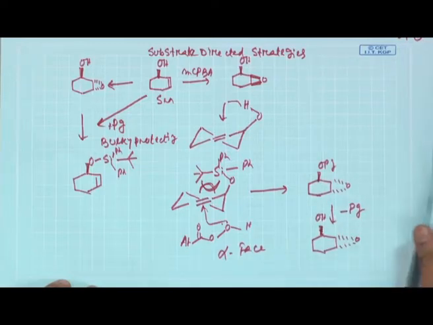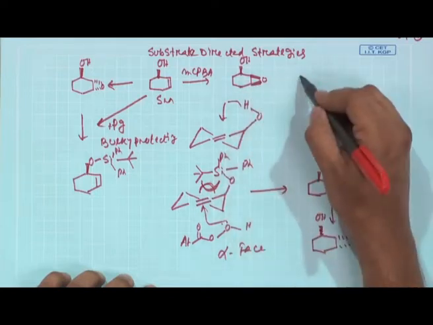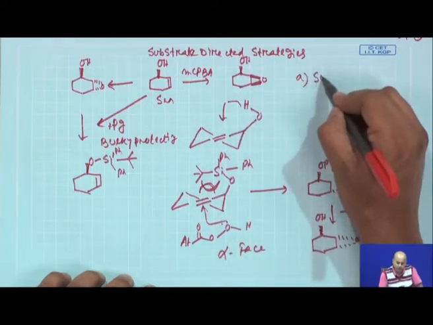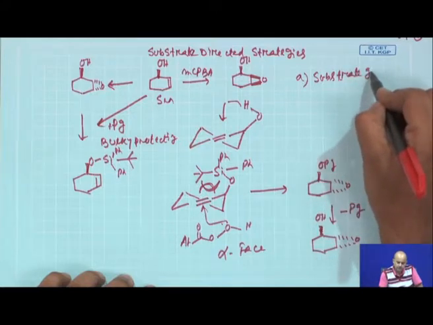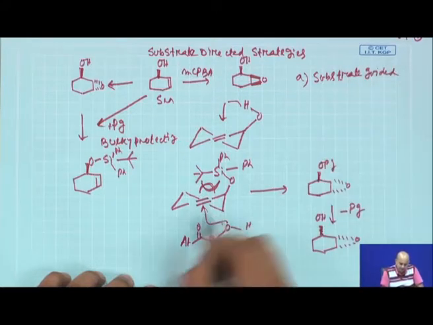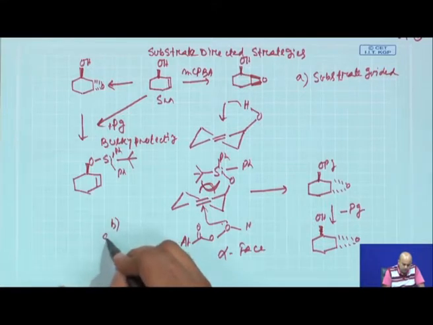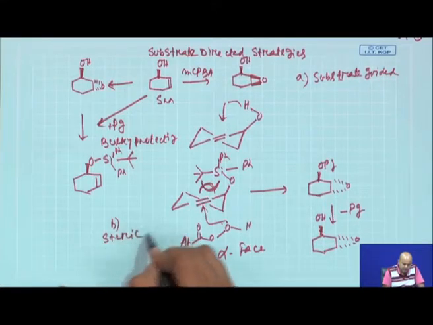So, the initial approach is the first one where you have a hydrogen bonded, it is called substrate guided. The second one which we have just now talked about is basically a steric guided approach.